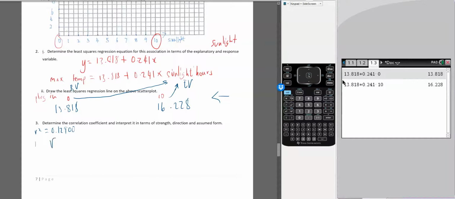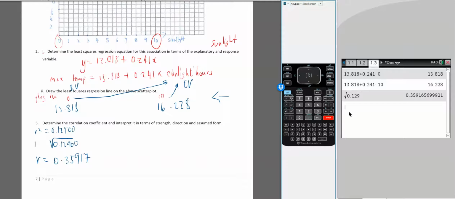So we find the square root of 0.12900, and we get 0.35917. I'm going to do it to 5 decimal places, but later on we'll see how we go for that. So actually, maybe let's do 2 decimal places. That's one way you could do it.